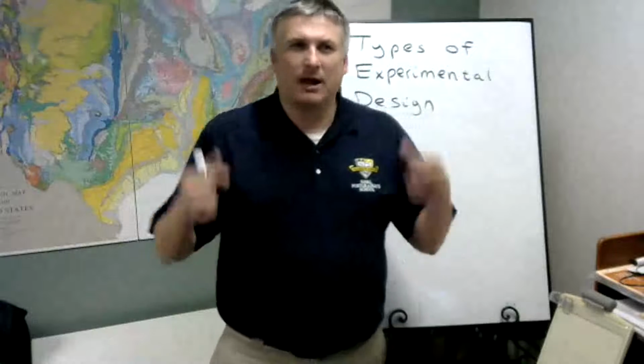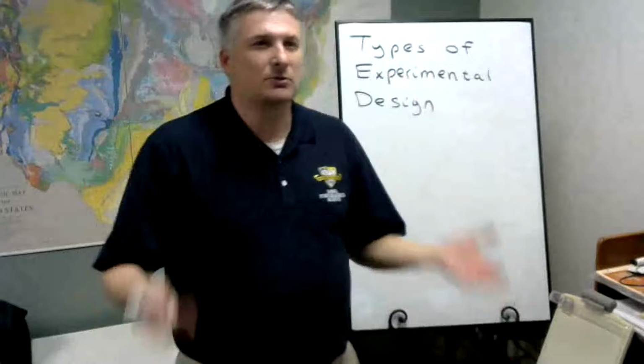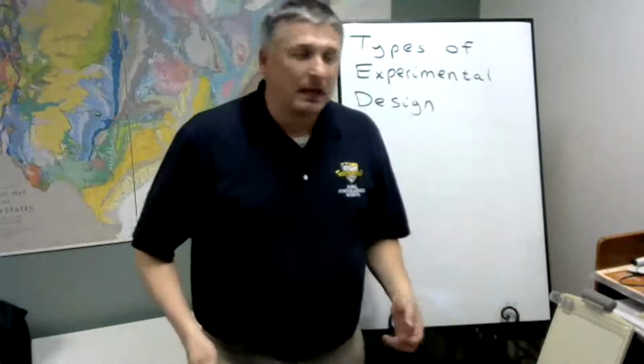Now we've got our sample, how do we assign treatments to the people in the sample? Again, we want to try to use randomness. Just like we used randomness in putting together our sample, we want to use randomness to put together our experiment.